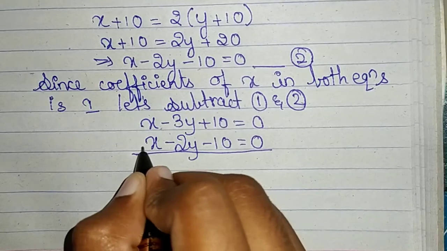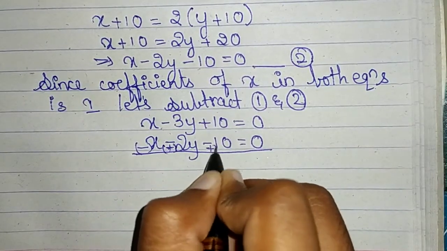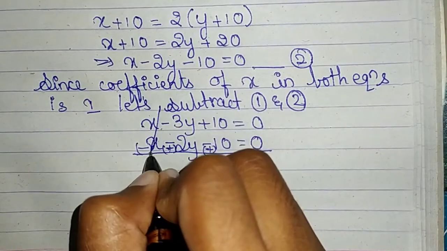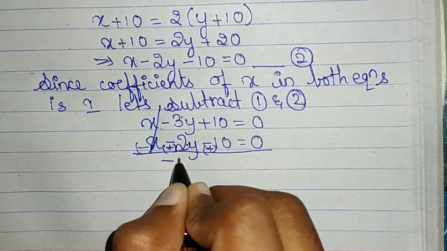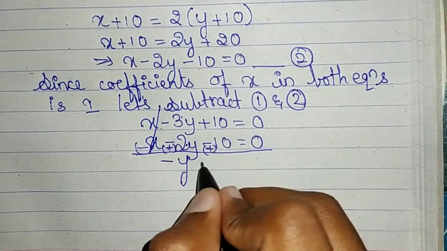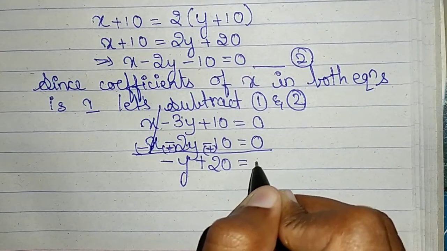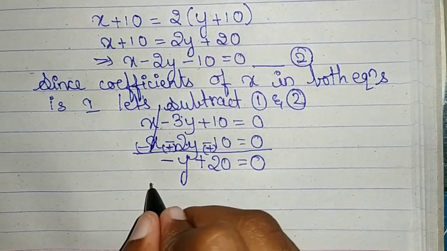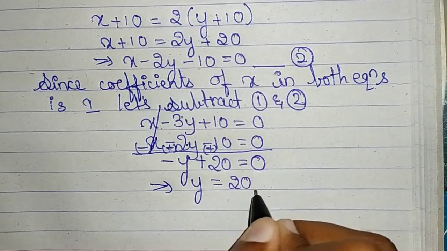So since we are subtracting, the signs at the bottom will change, minus, plus, plus. So x minus x cancels each other. Minus 3y plus 2y, we get minus y, and plus 10 plus 10, 20 is equal to 0. So this implies y is equal to 20.